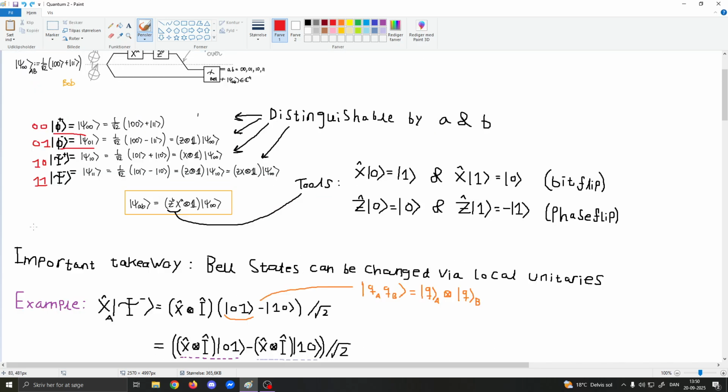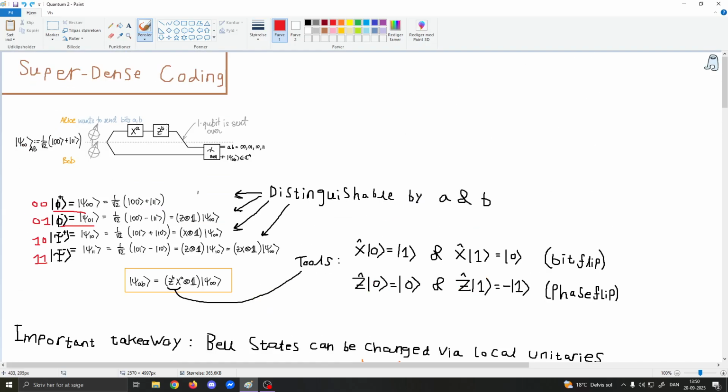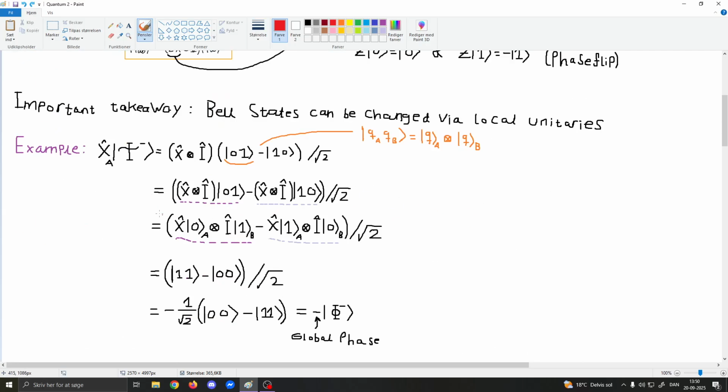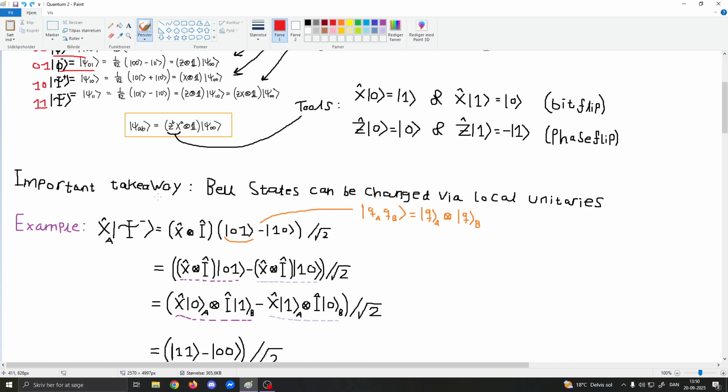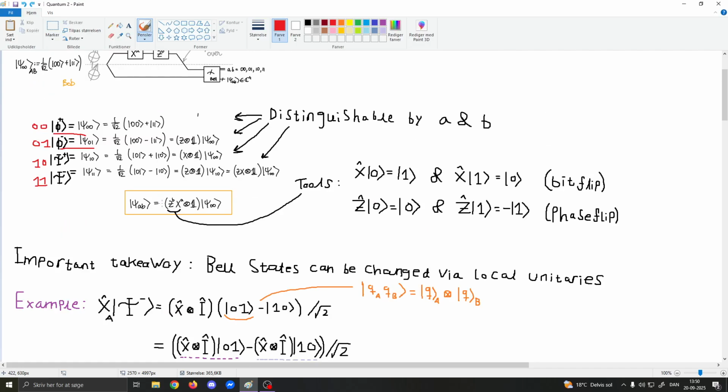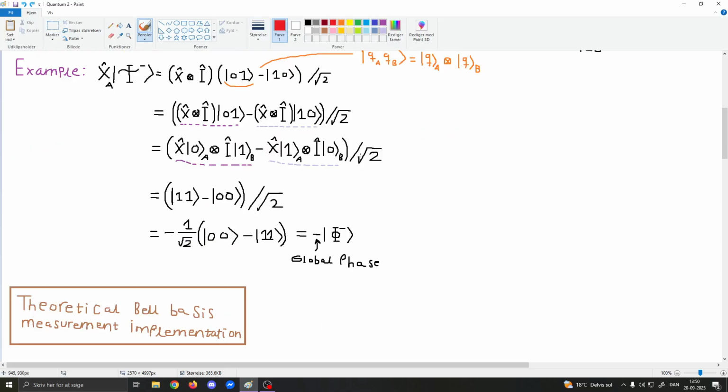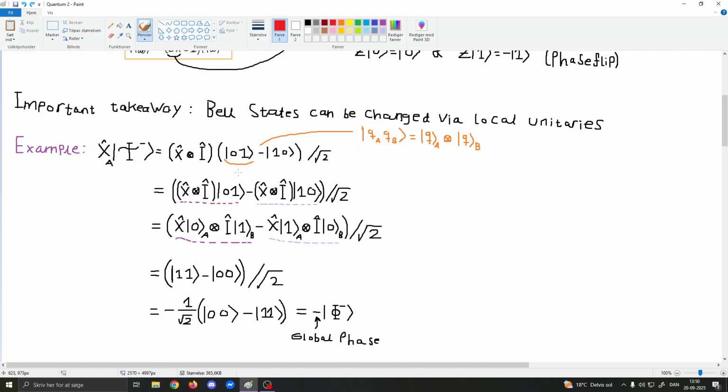If Alice is interested in sending, say, I can't remember, okay, 10. Hold on just a second. I might have messed this up actually, which is pretty funny. But still, let's see how one of these gates works.